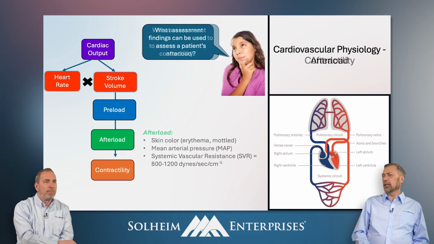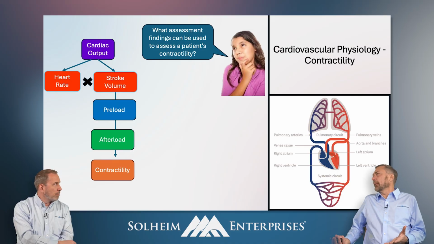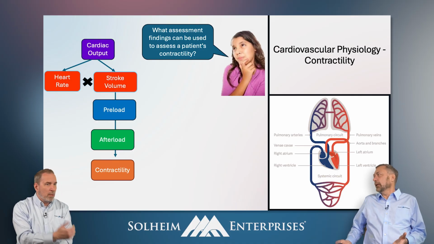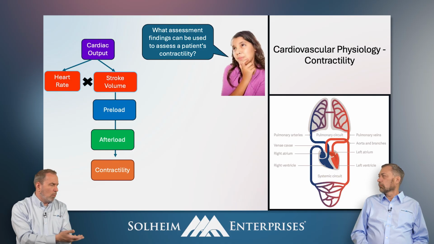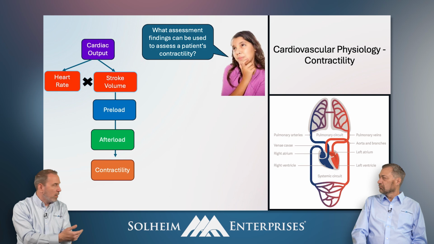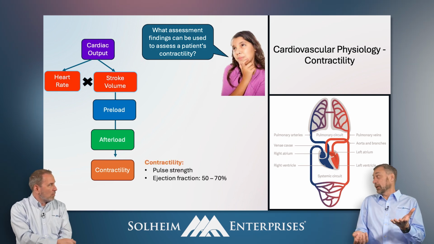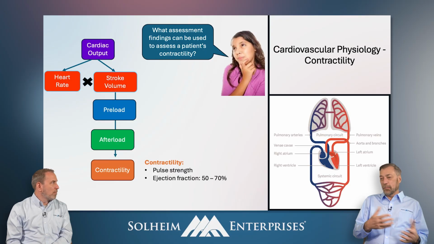Now, contractility in a lot of ways is the one we don't measure. There is a way. How could you measure that one at the bedside if you had to, crudely? You could estimate it with like the strength of pulses and quality. Yeah. Pulse strength is the main one. If you got a really, really strong pulse, you probably have good contractility. And the opposite is true.